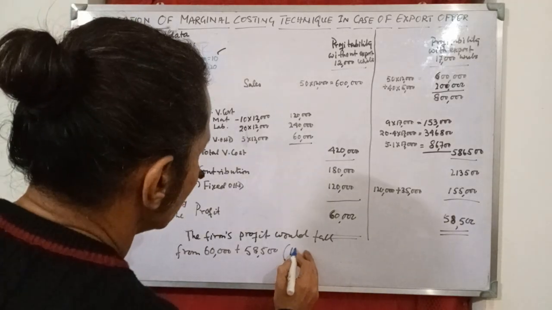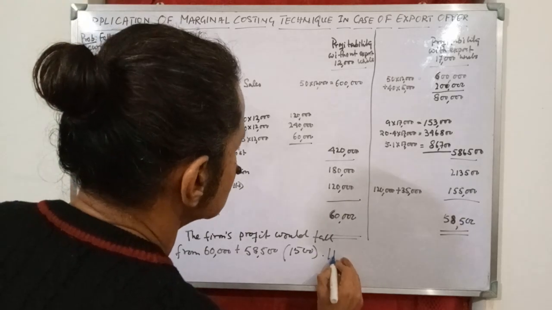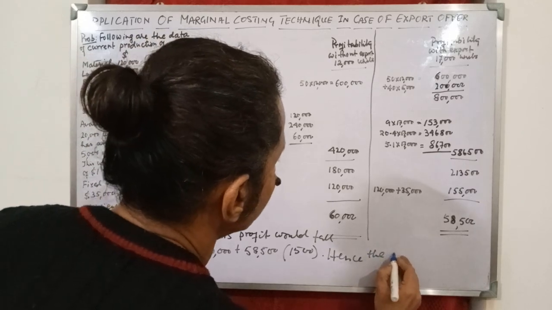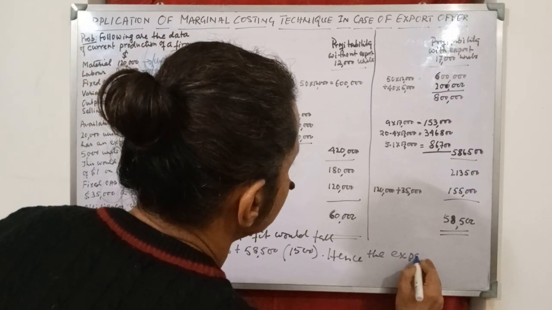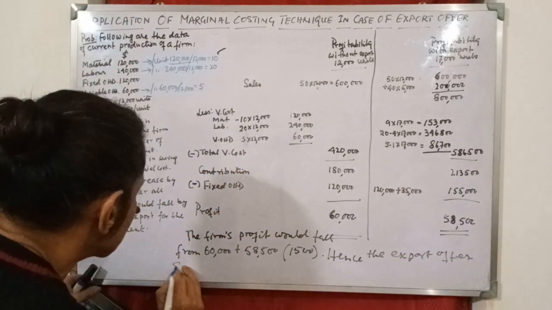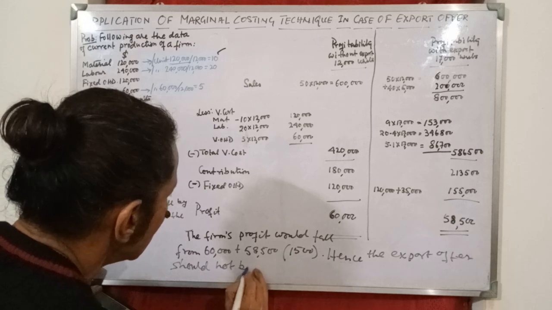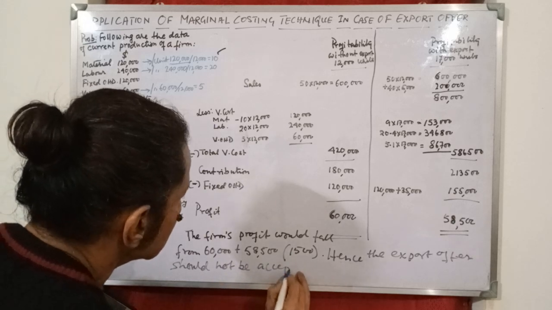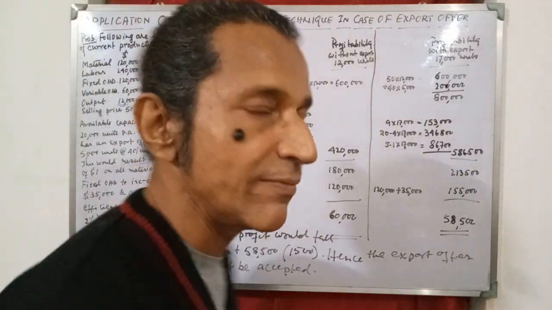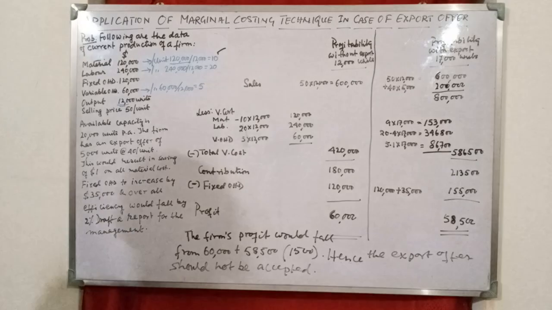That is by 1,500. Hence the export offer should not be accepted. This should be your observation as the management accountant of that firm. Okay.